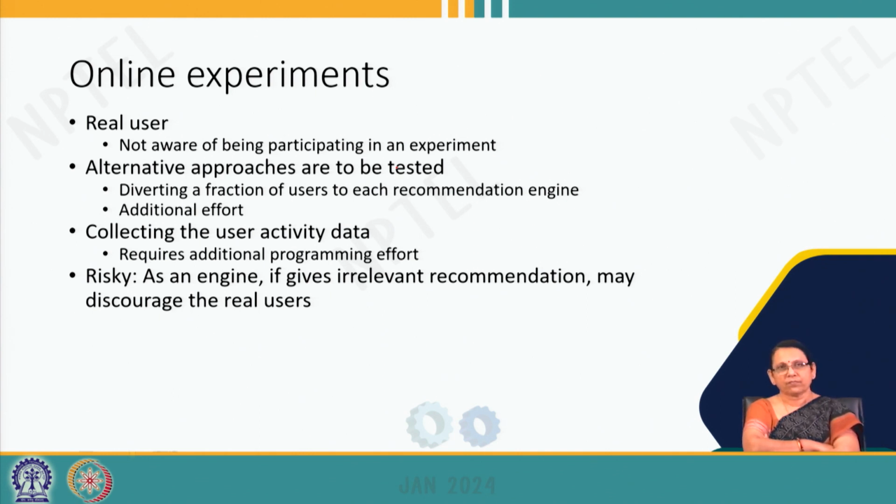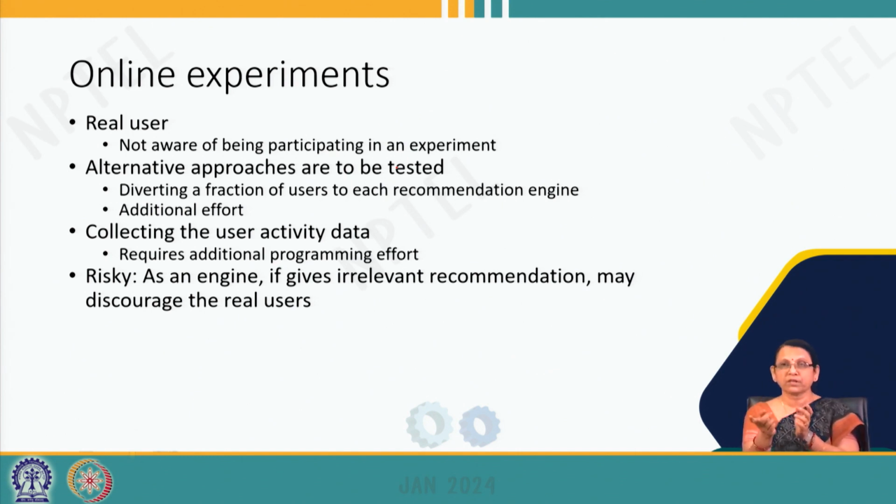So, it is a very tricky situation. Now, the new search engine that you are trying to introduce, without the users' knowledge, you are actually diverting them. One group to search engine 1, second group to search engine 2. So, what is happening? Let us say the newly introduced recommendation engine 2 does not work well.